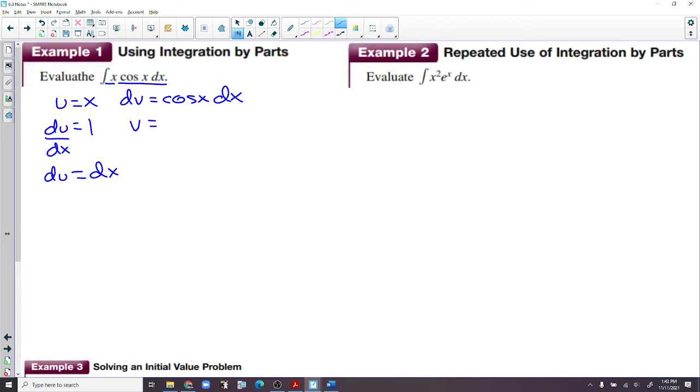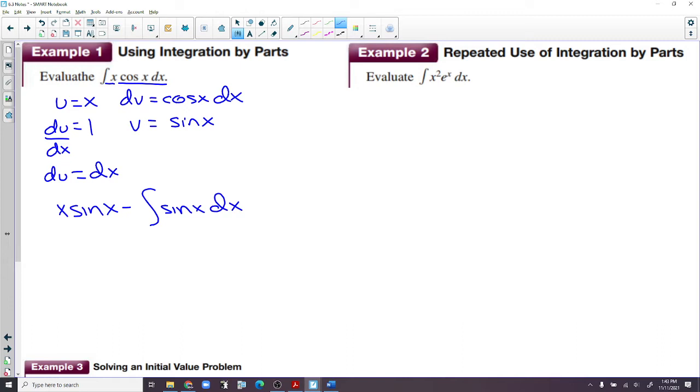v is the integral of cosine. We're backing up to the function. That is sine of x. Now we have all 4 pieces, the u, the du, the v, and the dv. The recipe is u times v, x sine of x, minus the integral of v times du, which is sine of x, and in this case it's just 1 times dx.